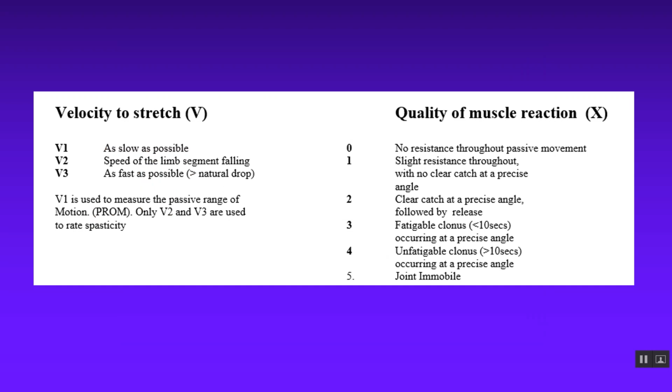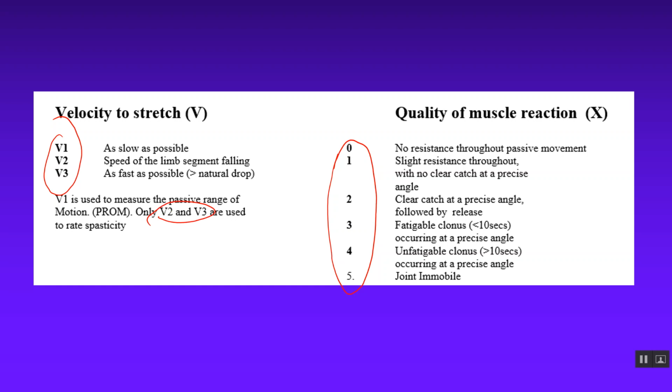The Tardieu scale is a 0 to 5 scale here, and it's got 3 different velocities that you move the limb through to do this, and you're grading. The V1 is used just to measure the passive range of motion. This is as slow as possible you're moving their limb and you're looking at passive range of motion. Only V2 and V3 are used to rate spasticity, okay?